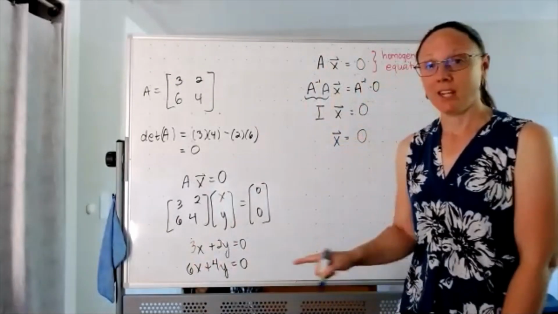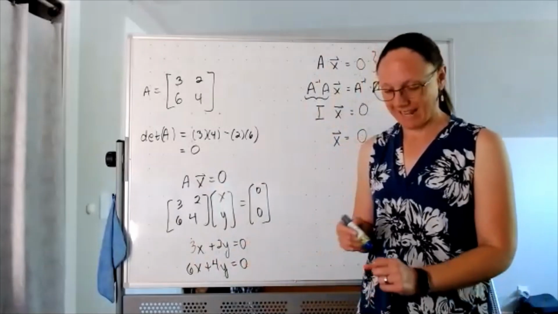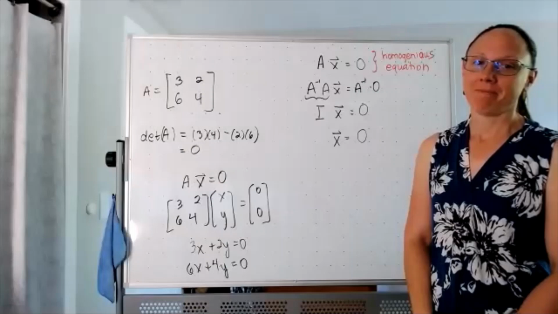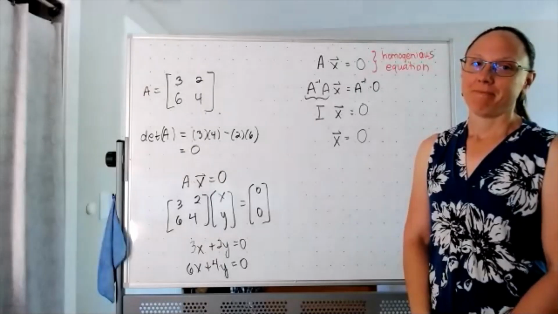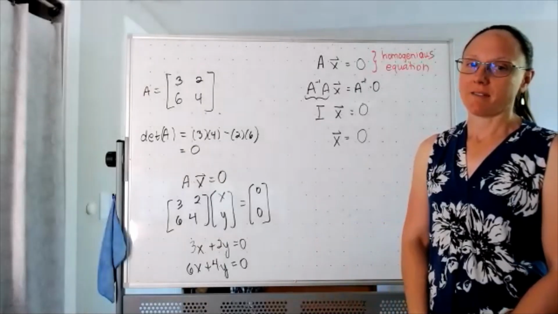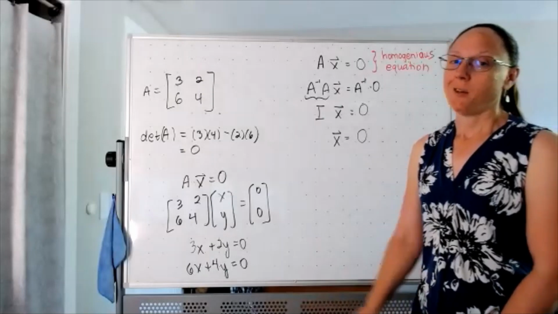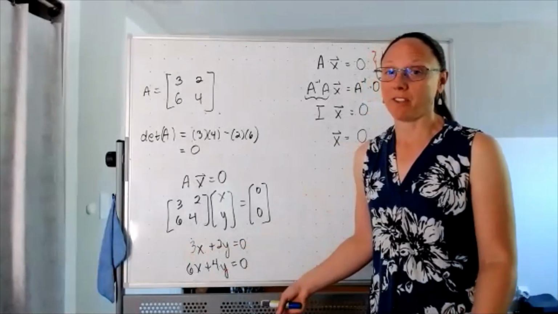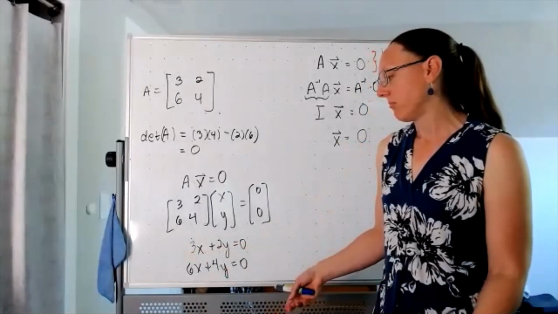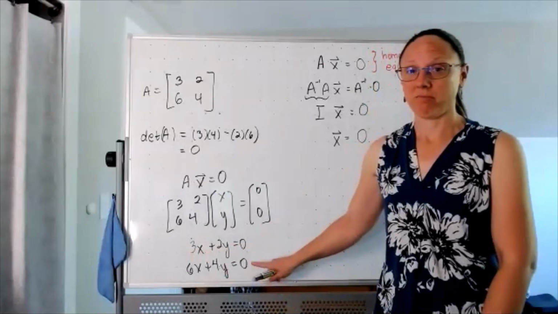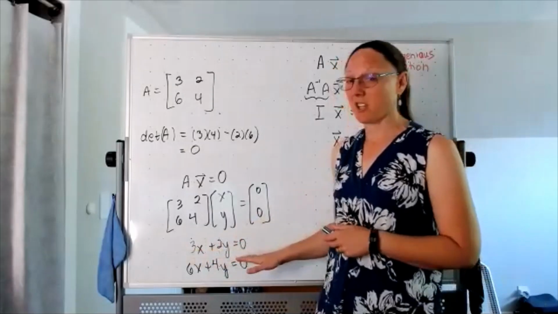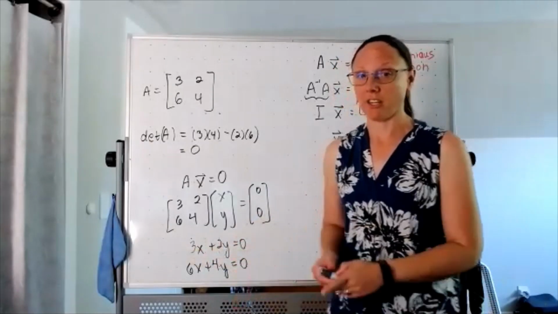Someone clever might look at those two equations and say, but wait, that's not two equations. That's one equation in disguise. Because if I take the top equation and I multiply everything by 2, I get the bottom equation. Or to think about it graphically, this is really just the equation of a line if I rearranged it.